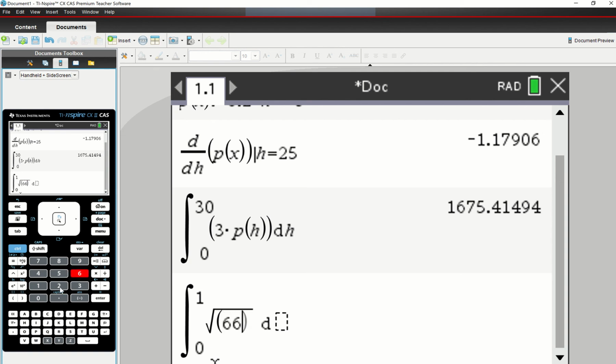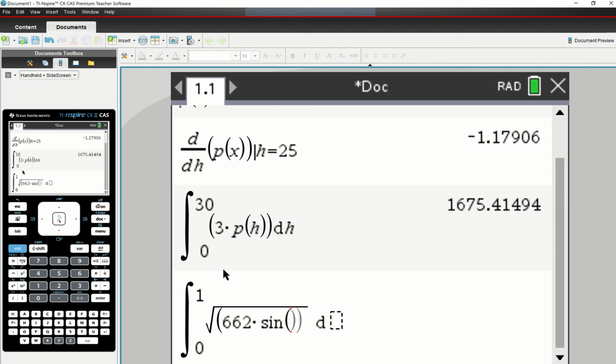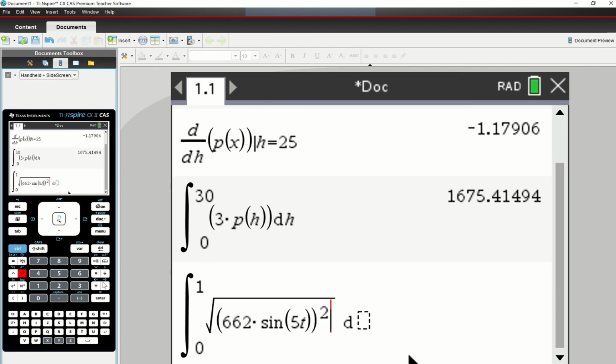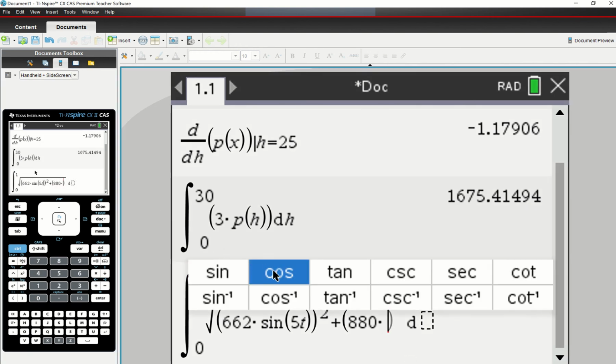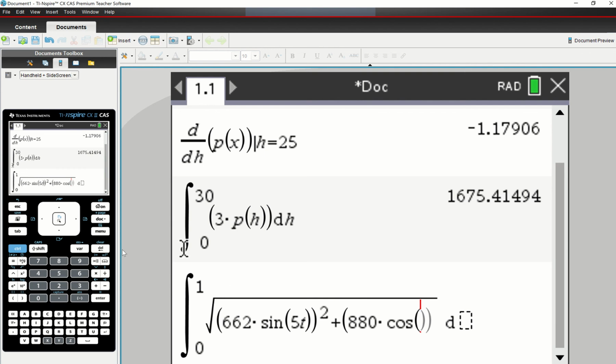So I have 662 times the sine of 5t. I'm going to get out of the parentheses for the argument and out of the parentheses for that entire derivative so I can square that derivative. Plus, and I'm going to introduce new parentheses because I'll be squaring the derivative of y, 880 times the cosine of 6t, and I want to make sure and square that entire expression.